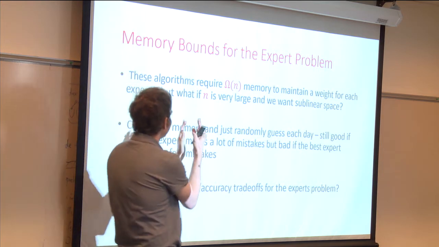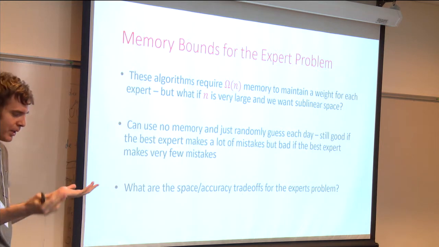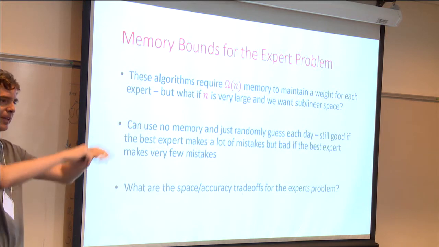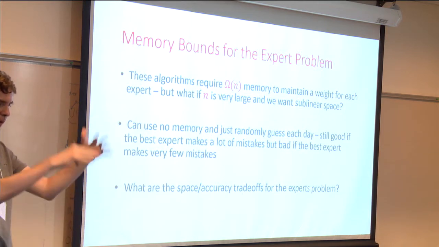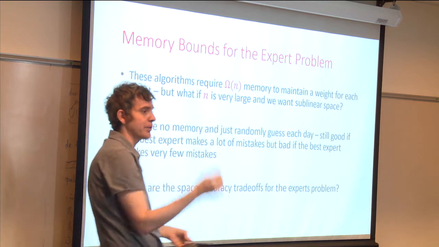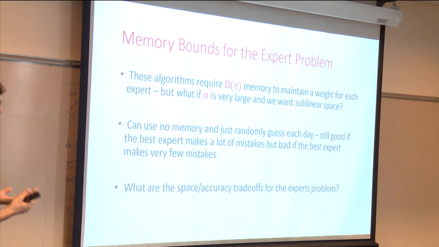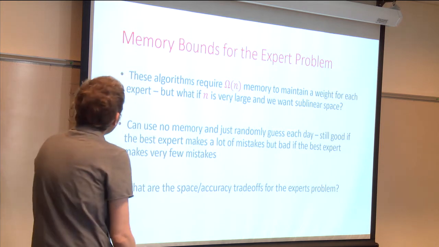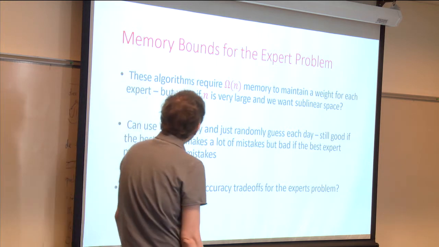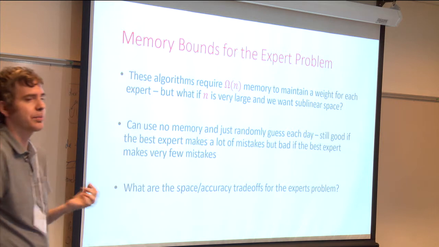Maybe these are not people making predictions, but each expert might correspond to a potential algorithm you want to explore for some very large optimization problem. Maybe each expert corresponds to a random string that you're trying, and so on. So there are applications where n is very large, and you want space sublinear in n. And the question is, what is the space-accuracy trade-off for this problem?